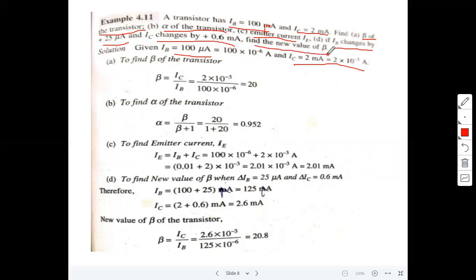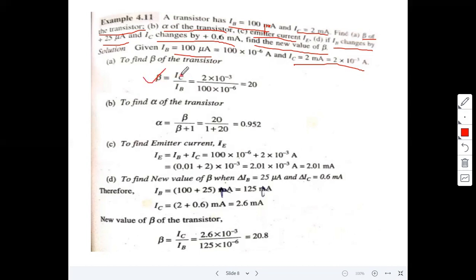That is the problem. Given data is IB equal to 100 microamperes and IC equal to 2 milliamperes, right?